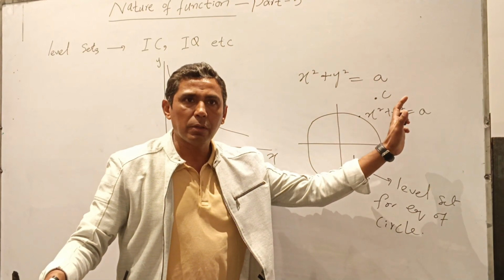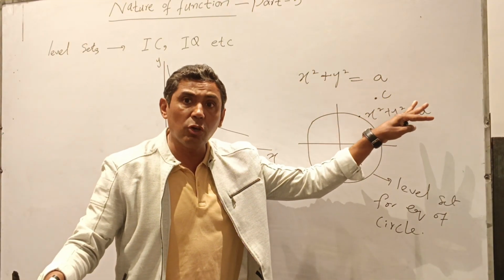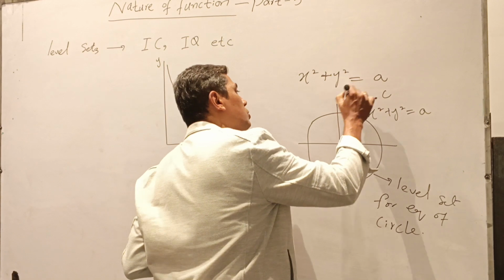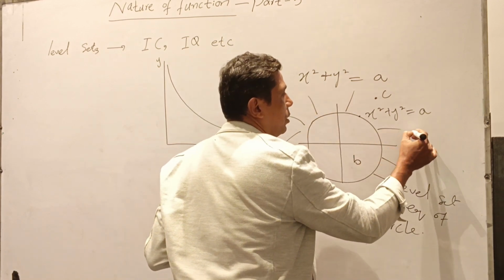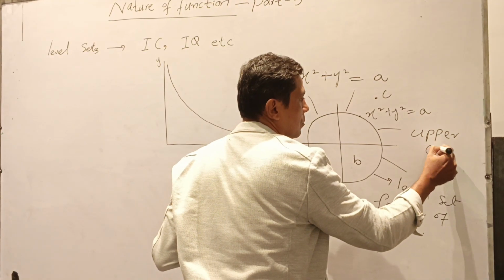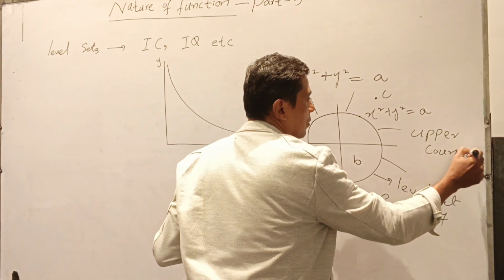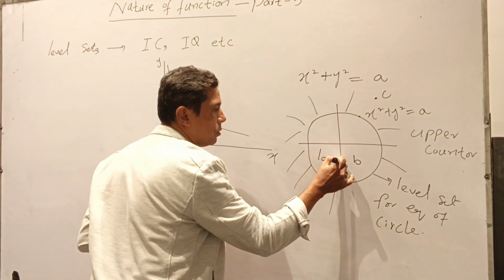Am I right? Yes. And similarly, the value of c is greater than the value of a. So all values which are greater than the value of a are called upper contour. And similarly, these are called lower contour.